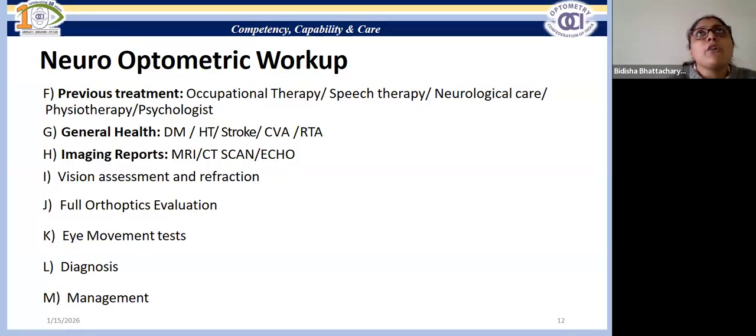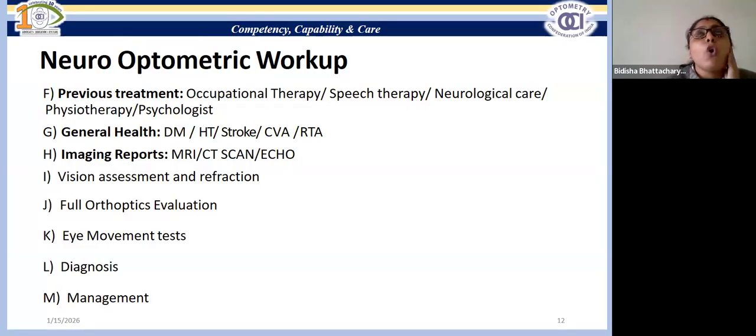A few minutes back, I mentioned that some patients will come to your clinic for a second or third opinion, or they might have gone somewhere and done some exercises or visual motor activities with Sanit Vision Integrator, Revital Vision.